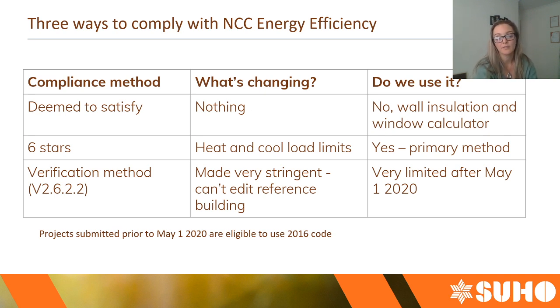Those flexibilities have now been taken away. The reference building is now a prescribed construction. We can't change window sizes. There is a very set recipe as to how that reference building has to be constructed, which means that compliance under this method is now a lot harder and more expensive for the build cost than using the 6-star rating method.